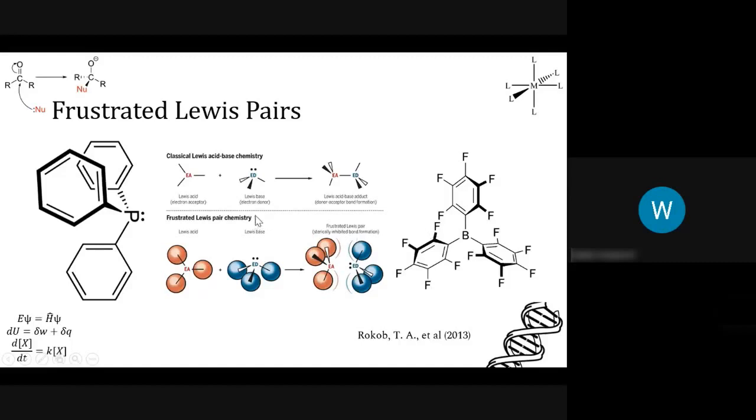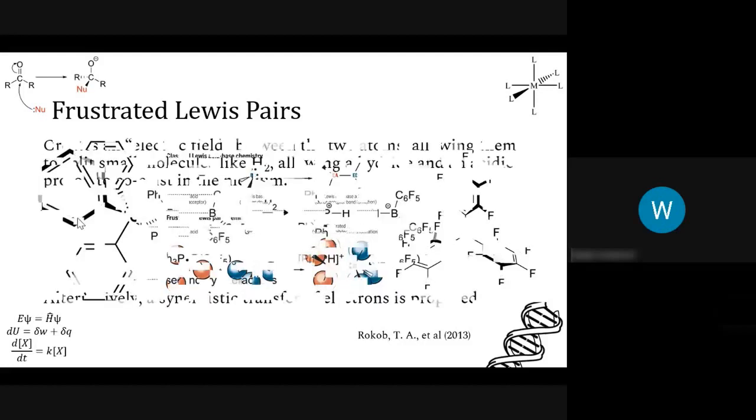And the Lewis base, the triphenylphosphine, has three large phenyl groups. And these large groups sterically hinder bond formation. Therefore, this bond cannot form. So the Lewis acid-base pairs are considered frustrated.